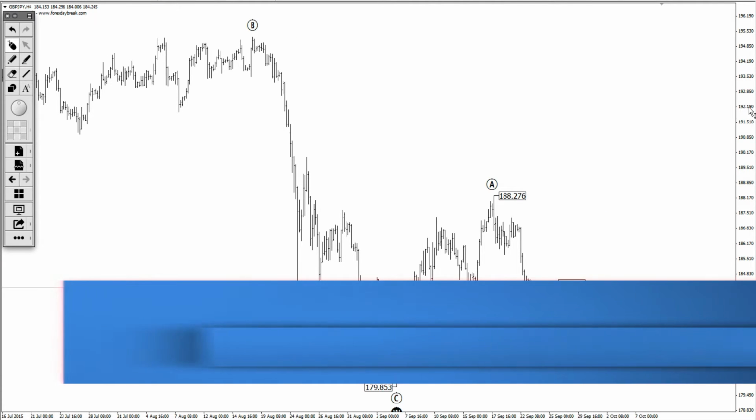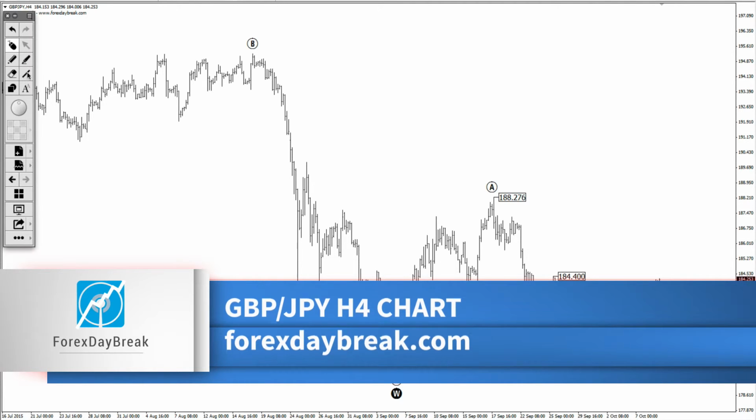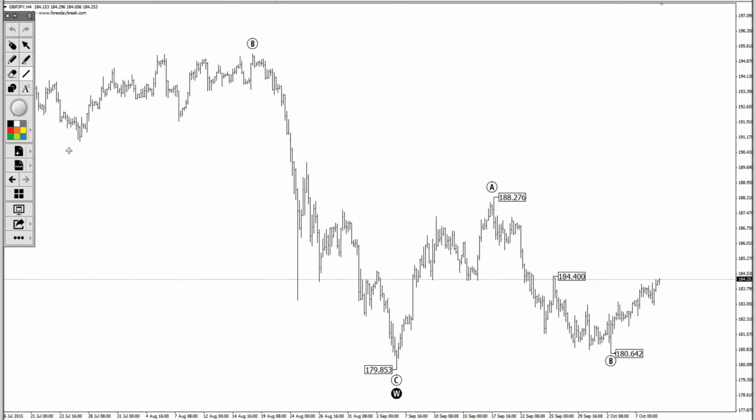Okay, pound yen is next, and the upwards move has continued in pound yen. I have revised my labeling slightly. Previously I had labeled this 188.276 peak as intermediate wave X and wasn't all that happy about that labeling.